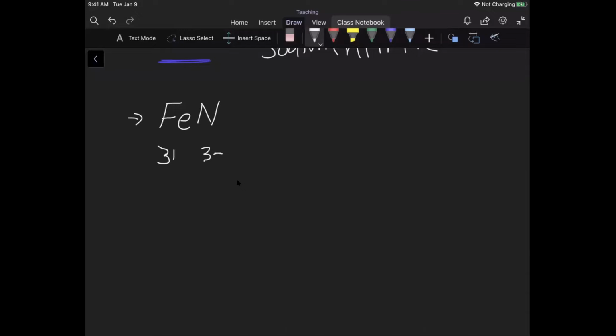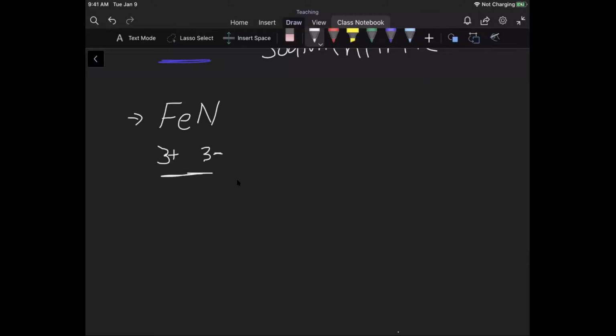So the iron must be +3 in order to balance the charge. I have the formula of the compound that I form, FeN. So that means that I have one iron, so it's going to be 3 plus, because the one nitride I have is 3 minus.